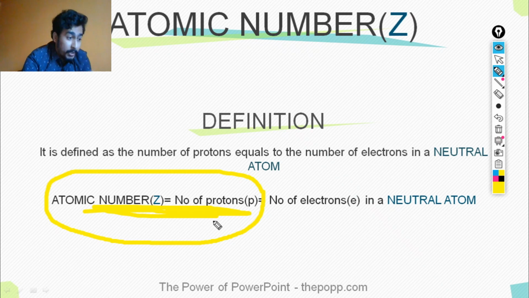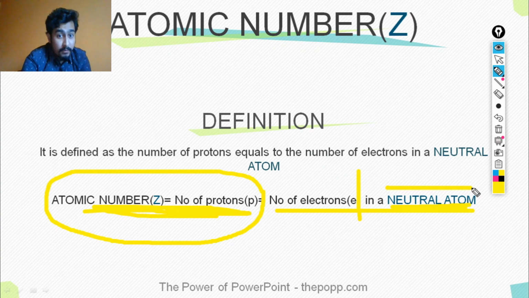But if you use the other definition, then you must include the statement that the number of protons equals the number of electrons in a neutral atom. If you forget this part, then your definition will be wrong. So either you say that the atomic number Z is equal to the number of protons only, or you say that the number of protons equals the number of electrons in a neutral atom. Either way you can define what an atomic number is.